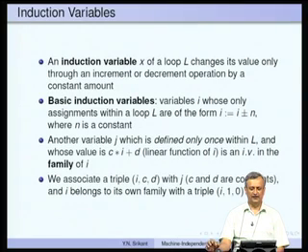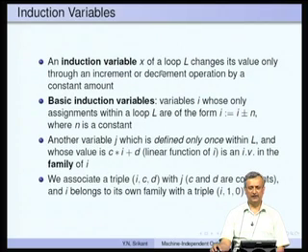Then it is not necessary to have just one statement which changes the value of the variable. You could have i equal to i plus 2 in the loop in one place and i equal to i plus 3 in another place in the same loop. So, there could be more than one such statement.